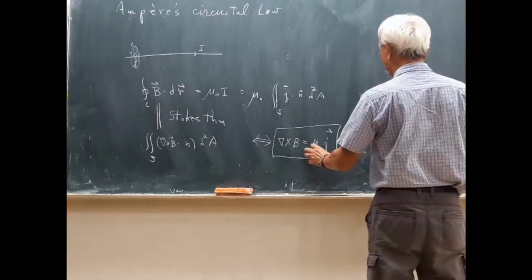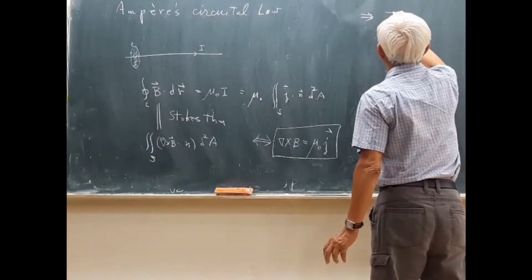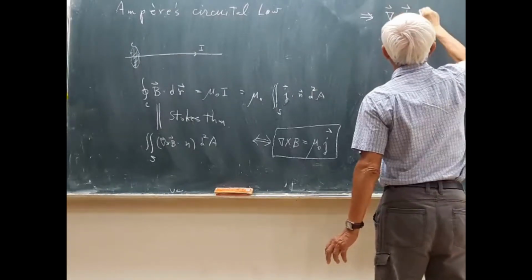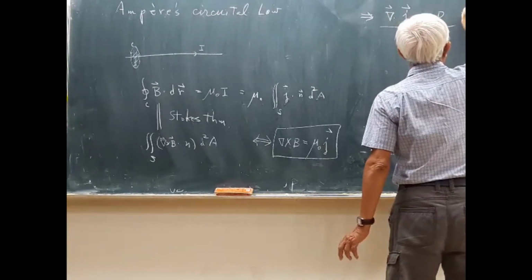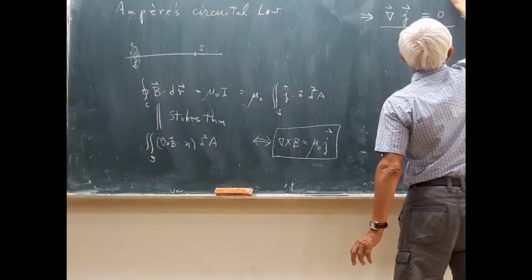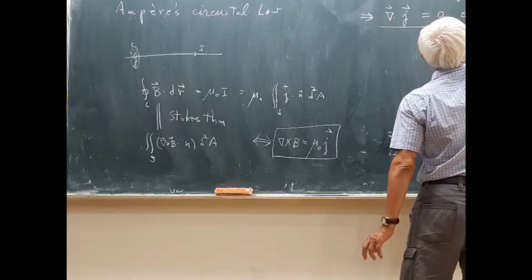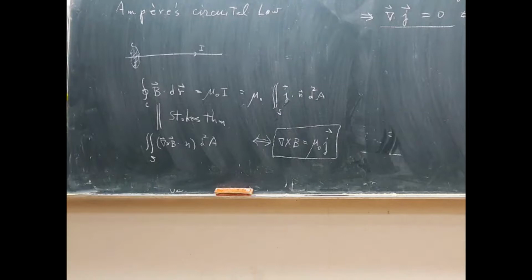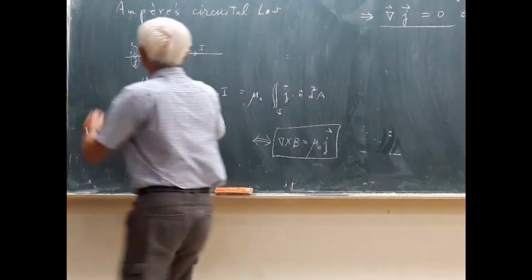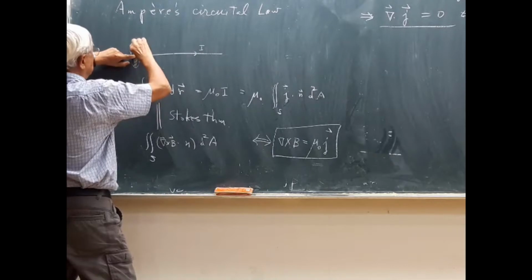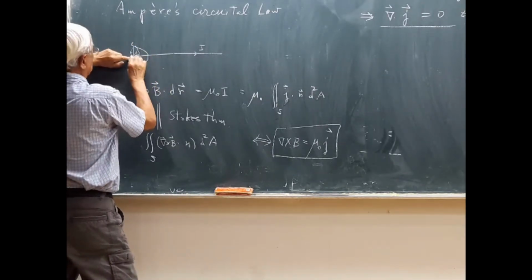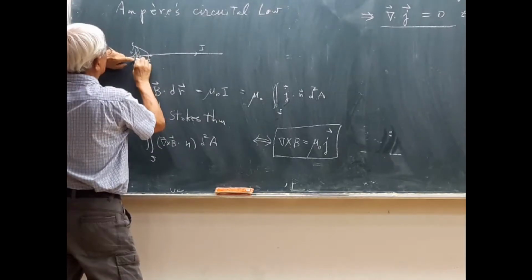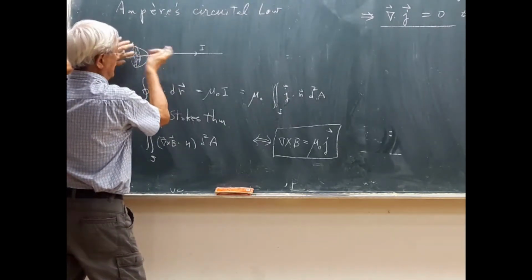By taking the divergence, this implies divergence J equal to 0. And we have divergence J plus partial rho partial t equal to 0. That means it is a static case. The current is conserved. From a picture point of view, your current goes through that. Suppose you make a surface here. The total current coming out is the same.